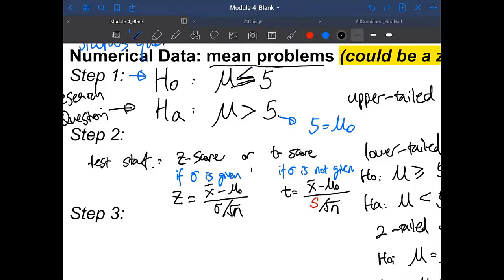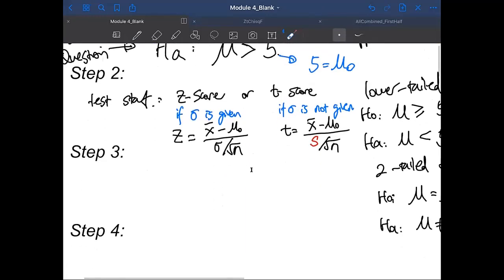There's only a subtle difference between those two. The formula is slightly different, and when you look up the table, it's going to be a z table versus a t table. Good. So you can plug in the numbers and get a number.